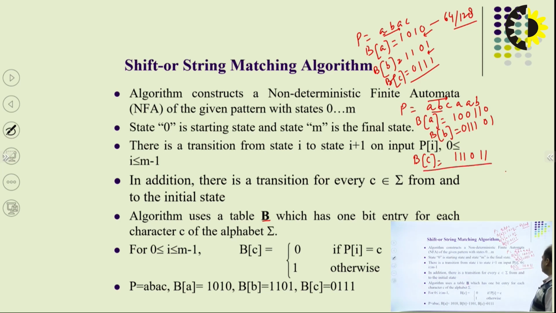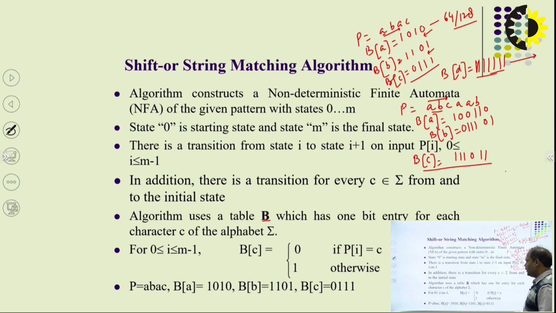This is the bit combination for all. If a symbol is not in the pattern, say D is not here, and somebody asks for the bit combination for D, it will be all 1. For simplicity we are restricting it to the pattern length only, but the maximum limit can be up to the word length of a computer.